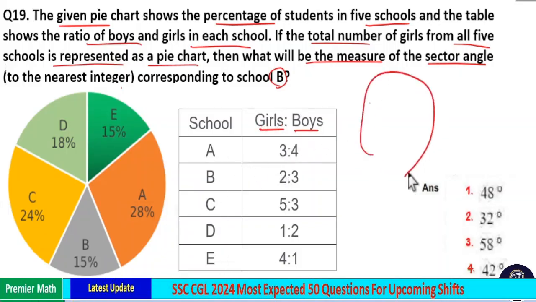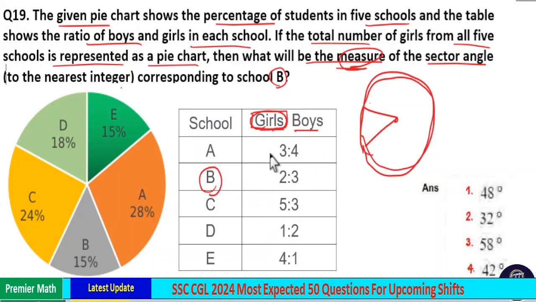Now we have to create a pie chart representing all these girls from 5 schools, and then we have to find out the measure of the sector angle corresponding to school B.